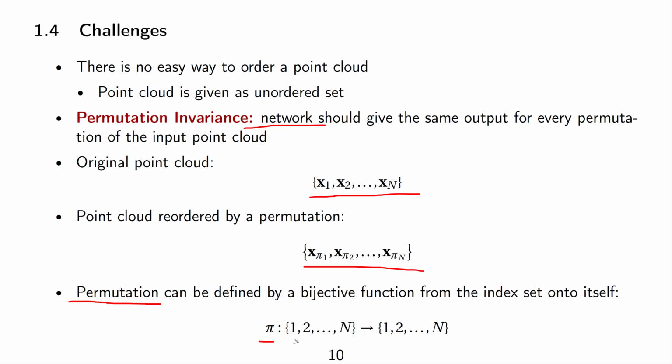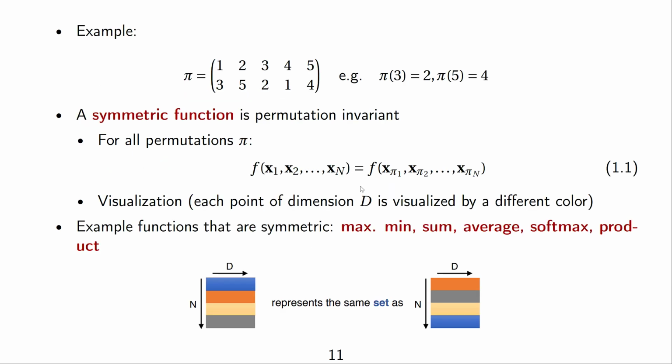We're doing these things a bit slower and in more detail, so the hope is that you can at least understand the original point network PointNet in greater detail, and also this will be part of the project that you implement. So here on top we see an example permutation.